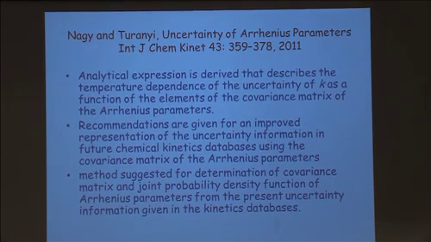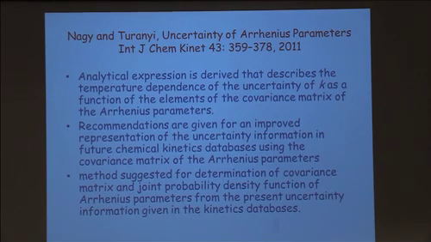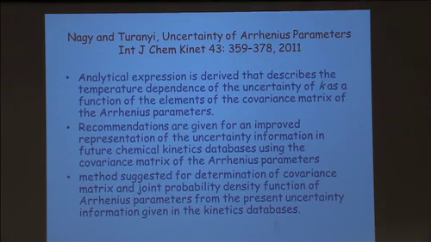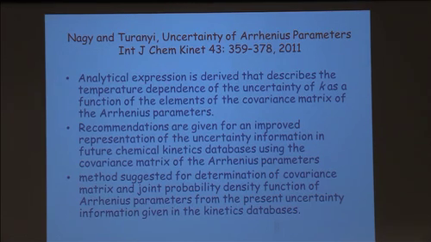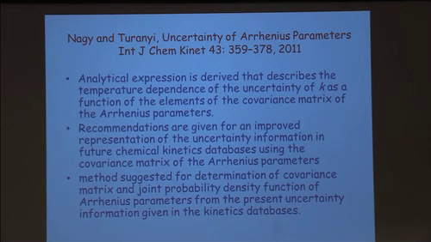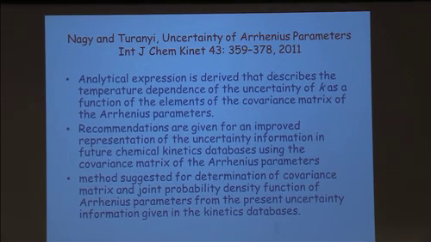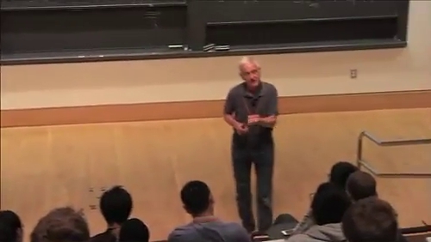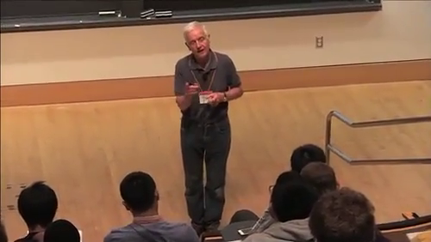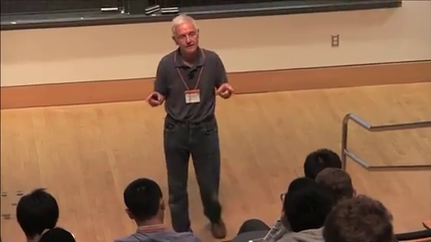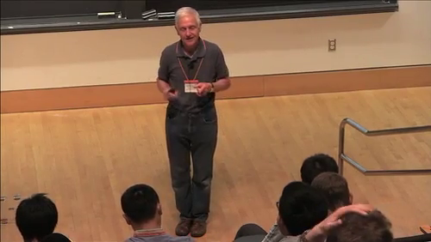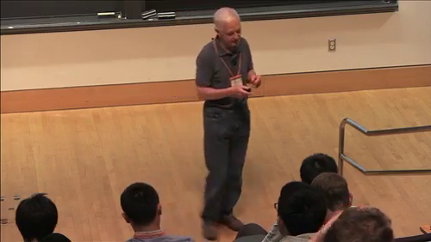So the first thing that Tomasz did was to say that really we ought to be worrying about analytical expressions describing the temperature dependence of the uncertainties through a covariance matrix. The covariance matrix includes the variance in the parameters, but also the covariances in parameters, the way in which parameters that you fit interact, and the correlations between those different parameters.